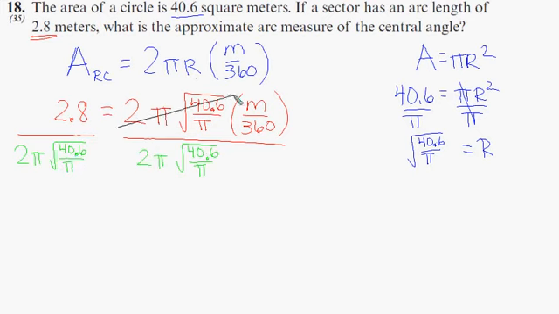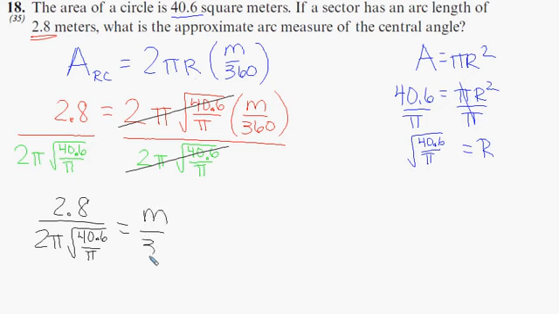This whole thing cancels. It equals 1. Now I have 2.8 over all of this. Let me just show you. I probably wouldn't have to rewrite all this, but I want you to see it. 2.8 over that equals m over 360. All I have to do is get m all by itself.